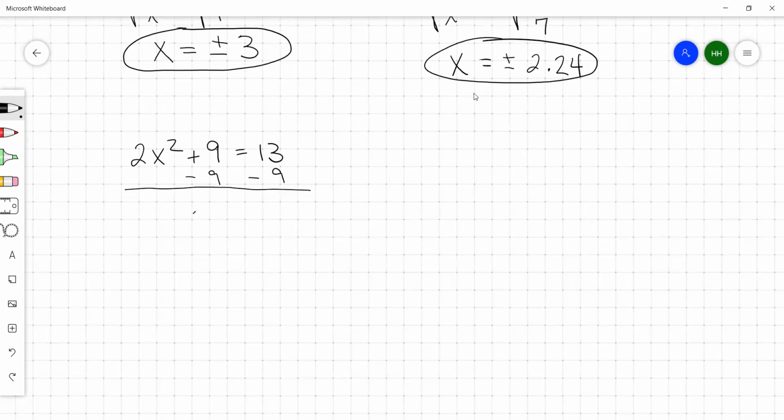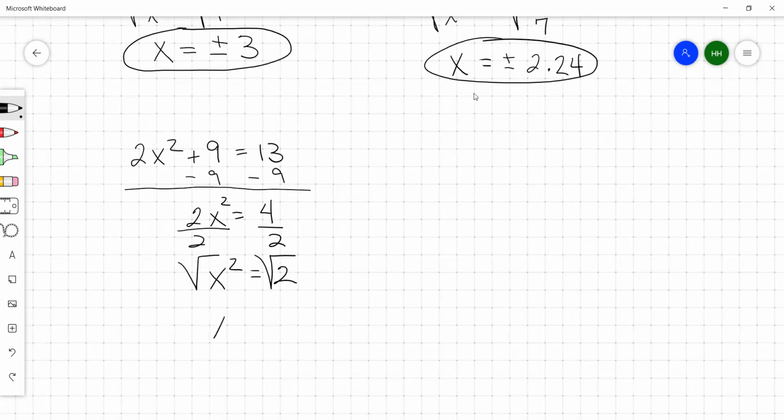So 2x squared equals 4, and divide both sides by 2. x squared is going to be equal to 2. If you find the square root of both sides, here you're going to see your answer two ways.